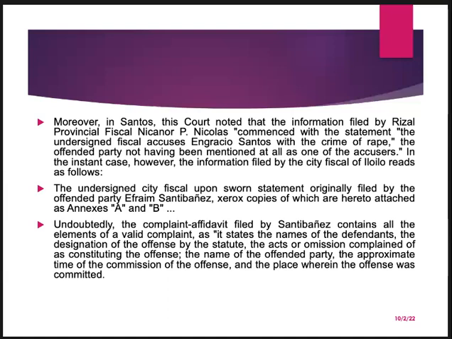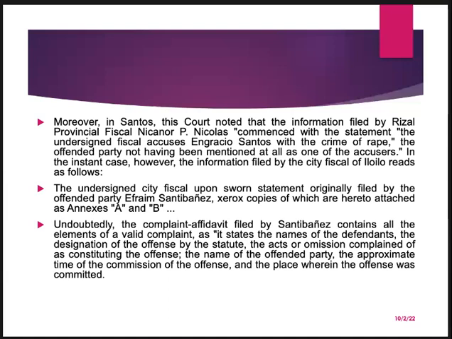Imagine how important it is to state that there is an institution of the criminal case by the private offended party. So the Supreme Court found it clear, the fiscal specified that the undersigned City Fiscal, upon sworn statement originally filed by the offended party, Efraim Santibanez.